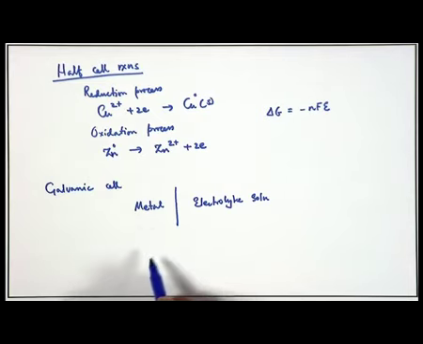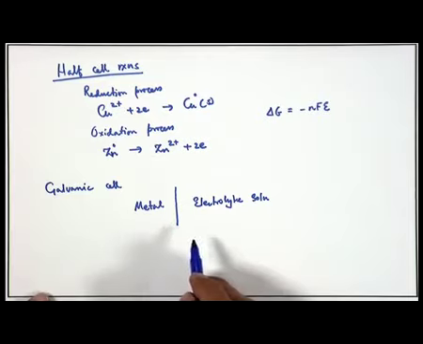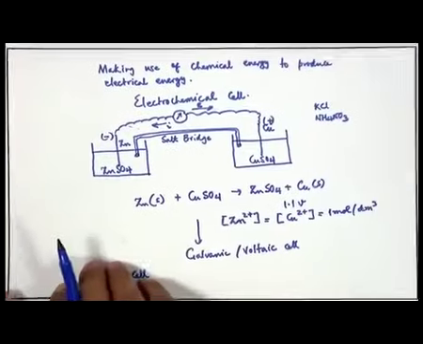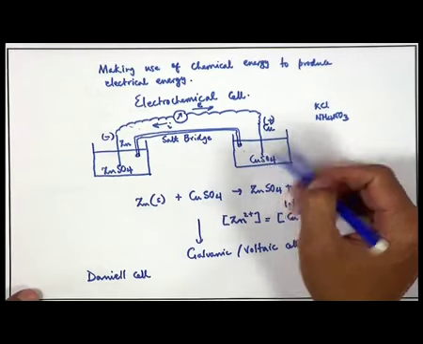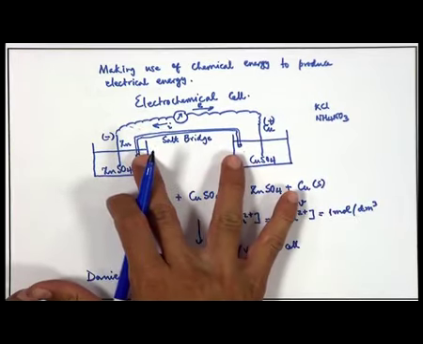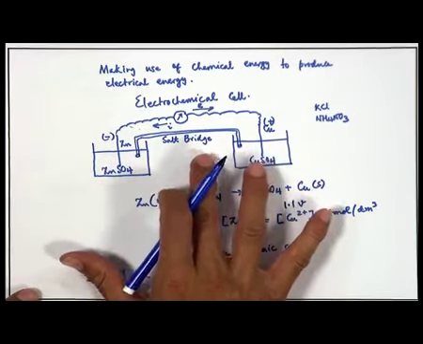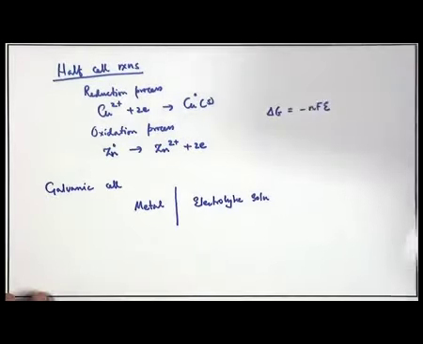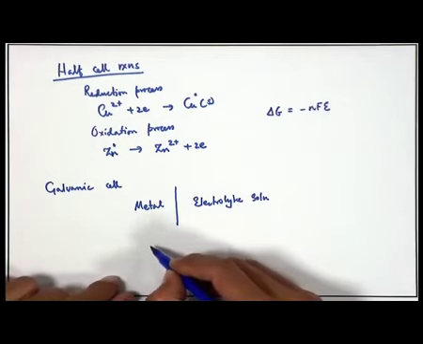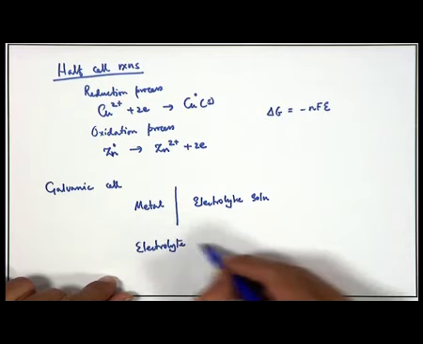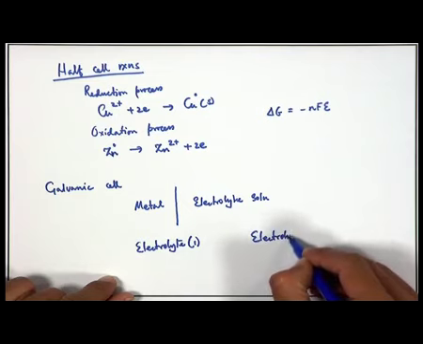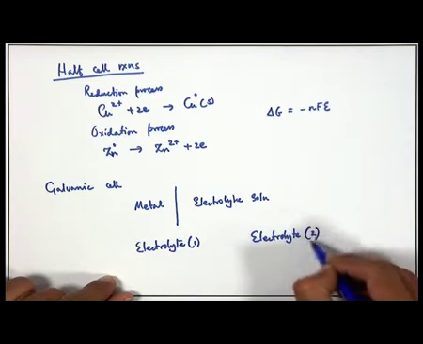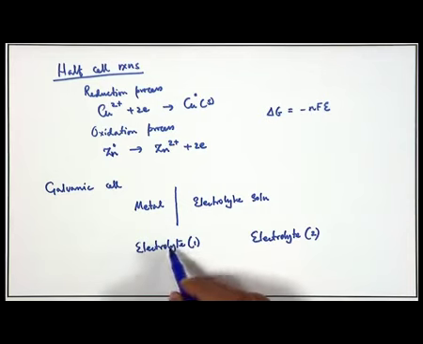Now, if there are two electrolytes, like here, one is zinc sulphate and another is copper sulphate, then these are connected with the help of a salt bridge. So, how to represent this arrangement? It can be represented like this: electrolyte 1, then electrolyte 2, and they are not physically mixed.